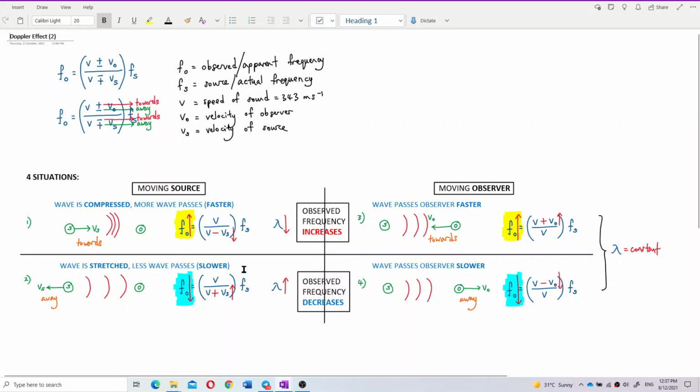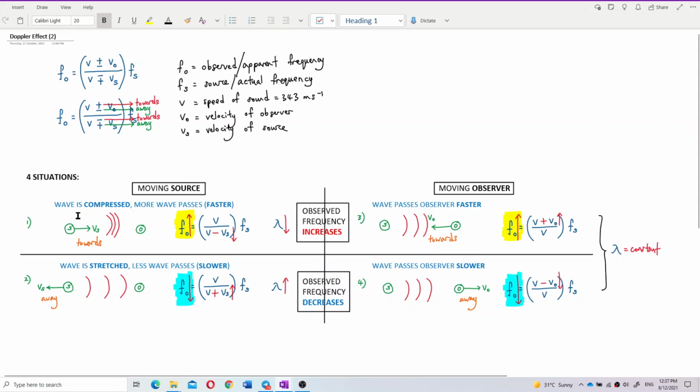And if the source is moving away, or the observer is moving away, meaning the source leaves the observer or the observer leaves the source, no matter who is leaving whom, the observed frequency should always decrease.